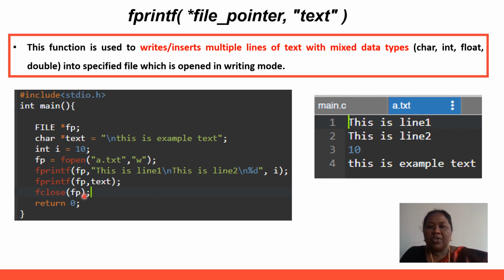If after this you want to print something on the particular file, you can store it in a char pointer which contains this particular text, and that also you can write with the help of the fprintf function.